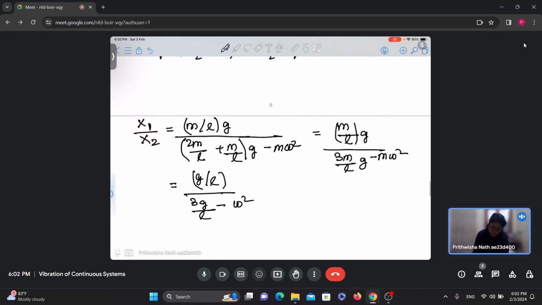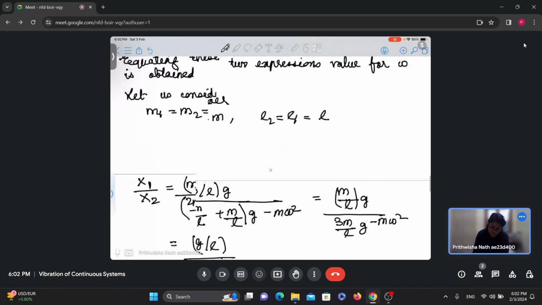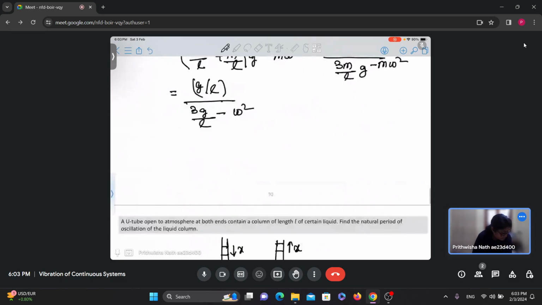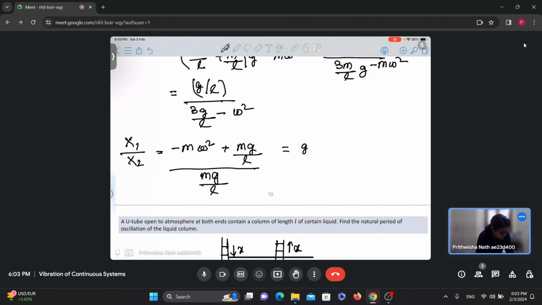Similarly, from the second expression of x1 by x2, what we get is minus m omega square plus mg divided by L, divided by mg by L. So what does that become? g by L minus omega square divided by g by L.